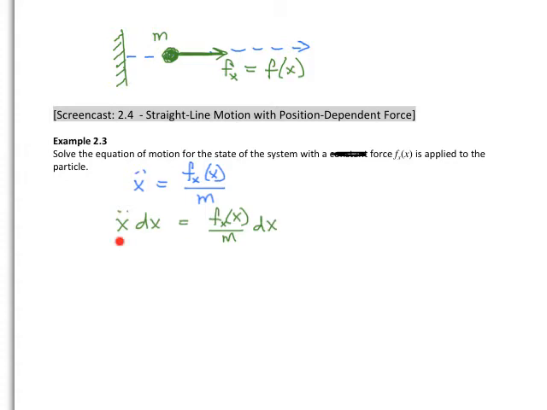So let's manipulate this variable, x double dot, to get it into a form that is useful for us. We know that x double dot is equal to d x dot dt. So let's make this substitution into this expression, and we'll get d x dot dt, and we're keeping our dx, so we still have mismatched variables here. It's a dx and an x dot, and then we're maintaining the same right hand side.